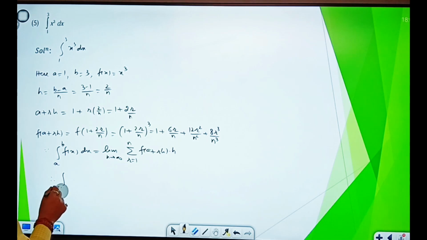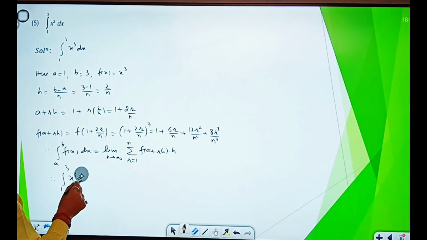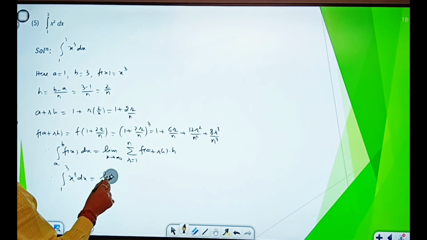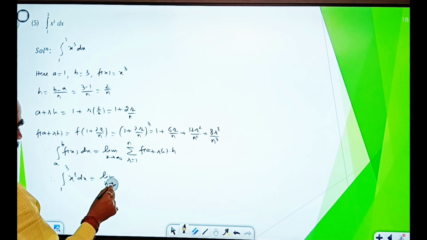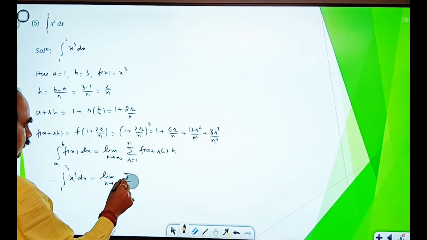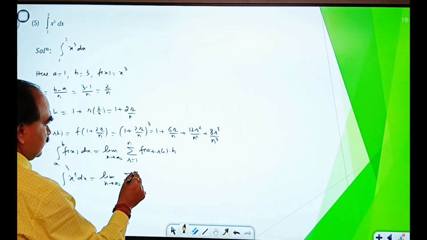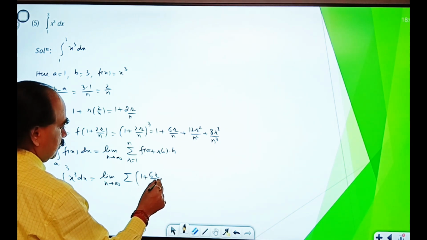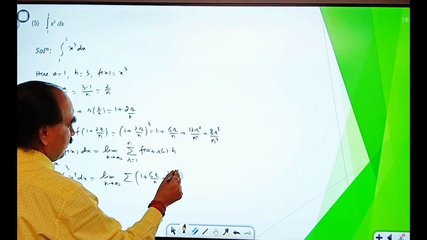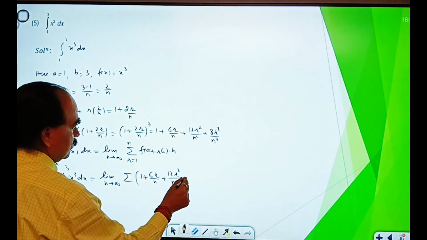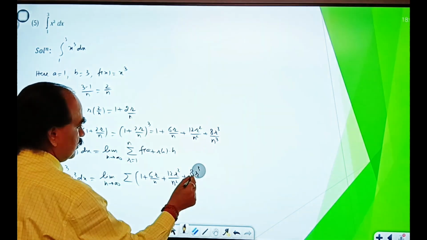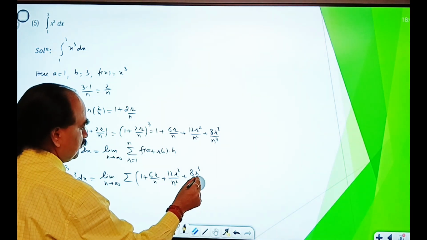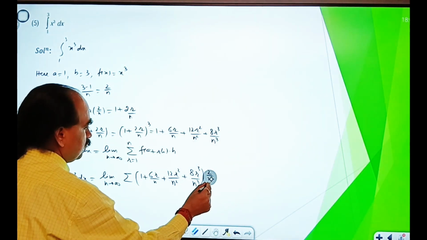Integral 1 to 3 x cube dx is equal to limit n tends to infinity, sigma f of a plus rh is what? 1 plus 6r by n plus 12r square by n square plus 8r cube by n cube into 2 by n.